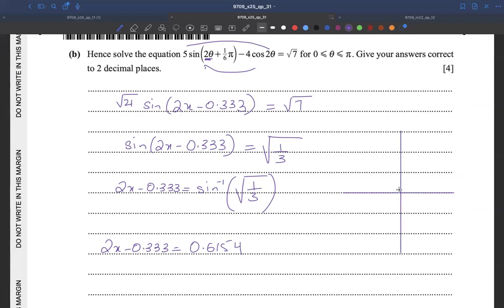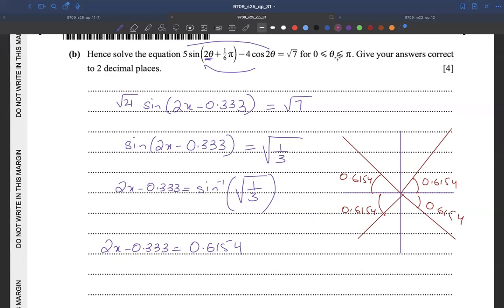As it's a square root, we'll have both the positive and negative quadrant answers. So we'll make 0.6154 in the first quadrant. We'll make 0.6154 in the second quadrant as well. We can make it in the third and the fourth as well, as it's a square root. We also have to take into consideration that it's 2x, so we'll have to add all of the answers by 2 pi.